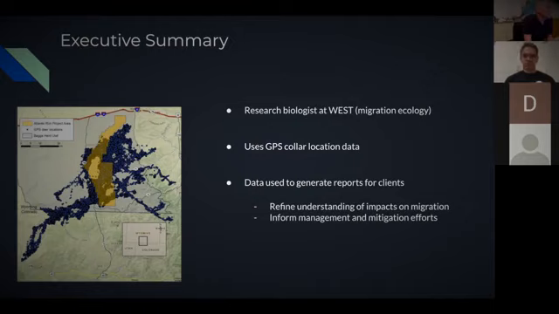He does this in an effort to improve their understanding of the impacts on migration of these animals in order to help these people, his clients, with management and mitigation efforts. They end up making decisions to do things like habitat treatments, fence removals, or modifications.